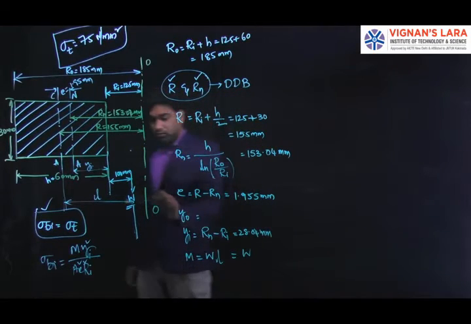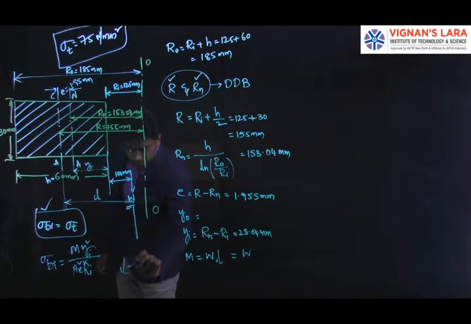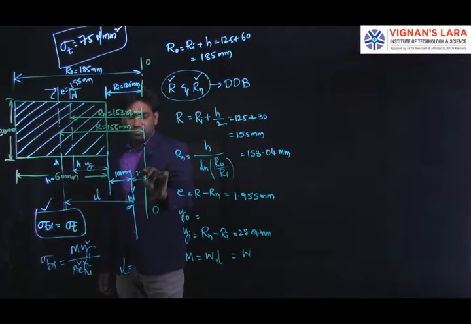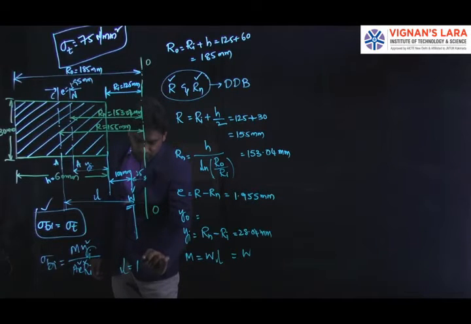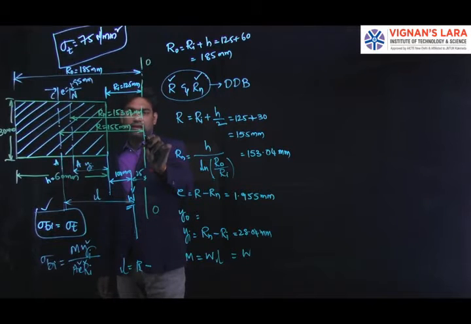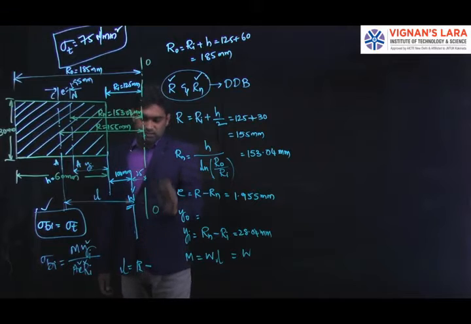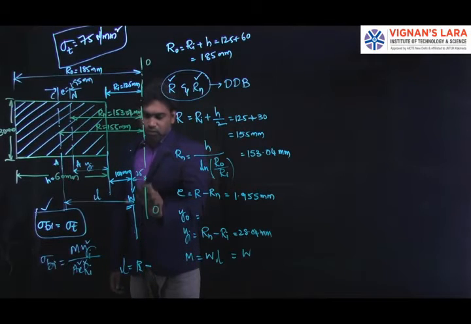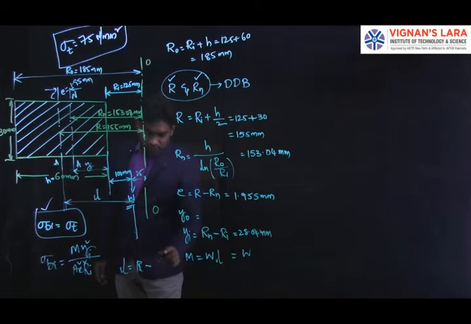And how do we calculate L? L is given by, it is short of 25 mm. So this is the distance of 25. So I can write it as the radius of curvature from the center of curvature to the centroidal axis, that is represented by R. But the load application is short of 25 mm from the center of curvature line, so I can write it as R minus 25.